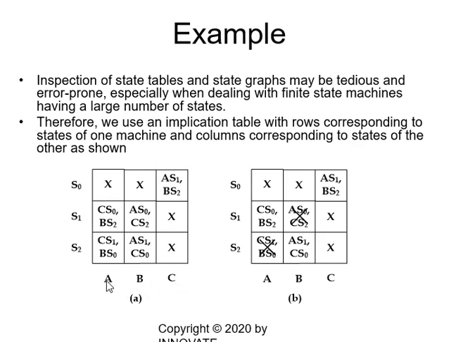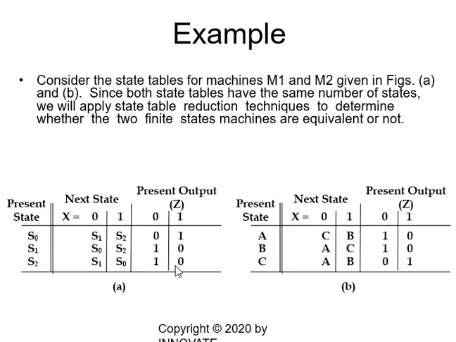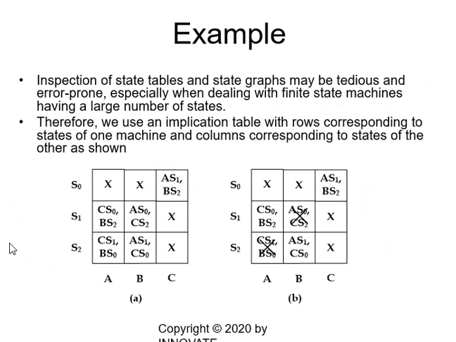A cannot be equivalent to S0 because they have different output. See, A and S0, this one has 0, 1, and this one has 1, 0. However, if we look at A and S1, they can be equivalent if their implied pairs C S0 and B S2 are equivalent.